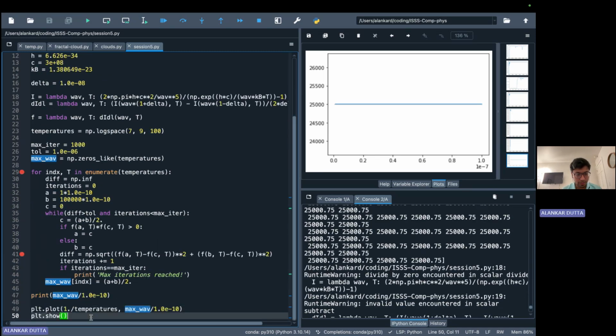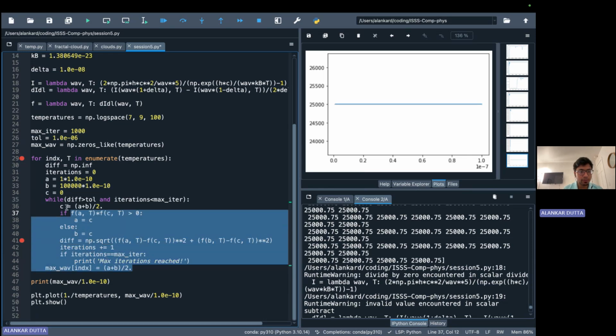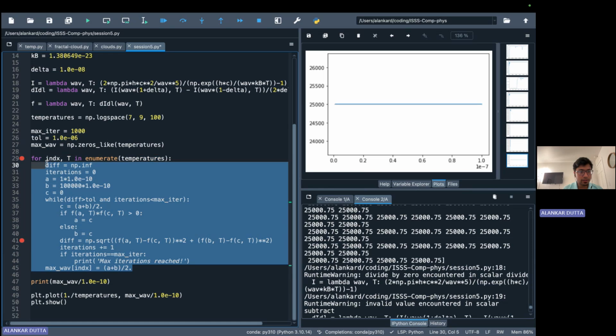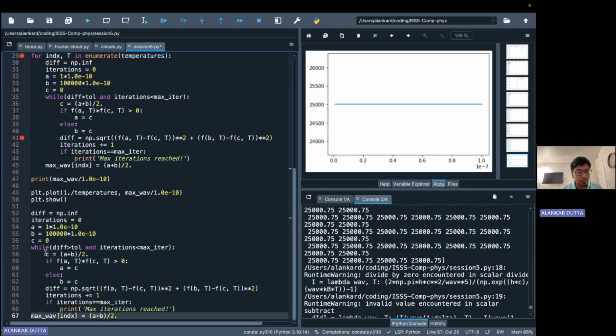Let's come back to this later and try to do the temperature of the sun, where we are going to find out the temperature where the lambda is given. So we are going to again use the same bisection method as before, but instead of having the temperature fixed, we are going to have the lambda fixed and find out the temperature in here.